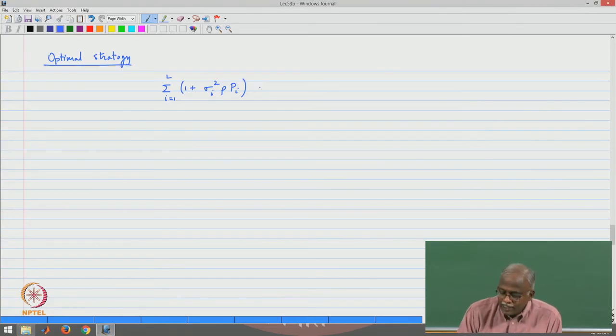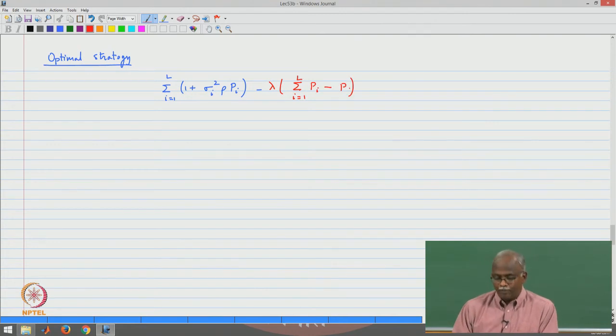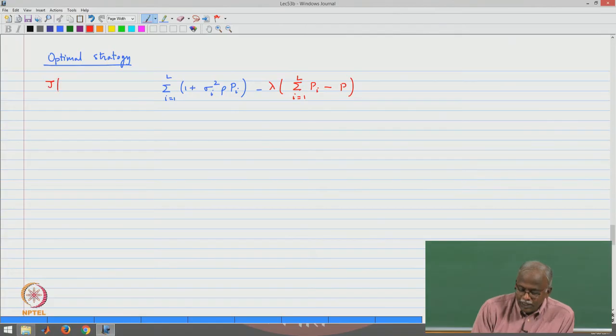Now this would be subject to a power constraint: lambda times summation i equal to 1 through L of P subscript i minus P, where P is the total power. So that would be the constraint, and we would then write down the objective function using the Lagrangian method, where we want to find these different power allocations P1 through PL, comma lambda.